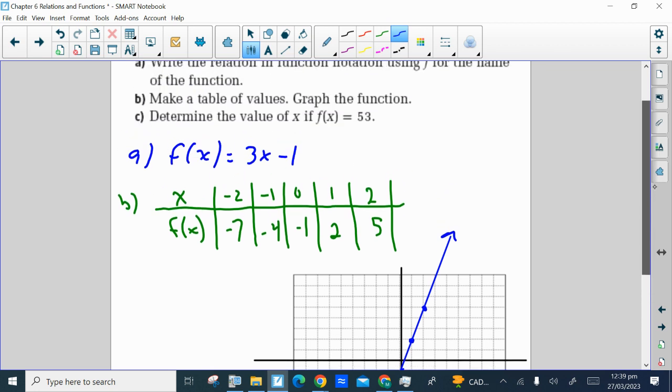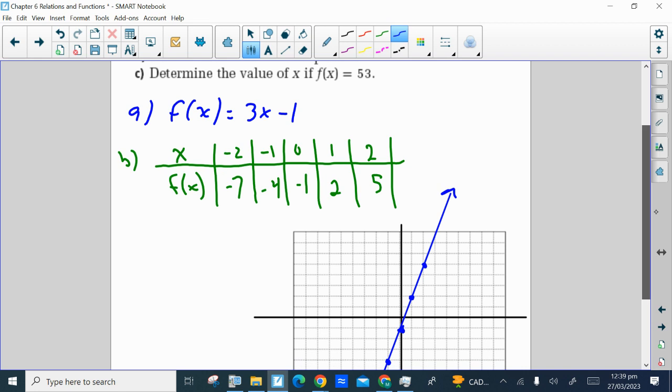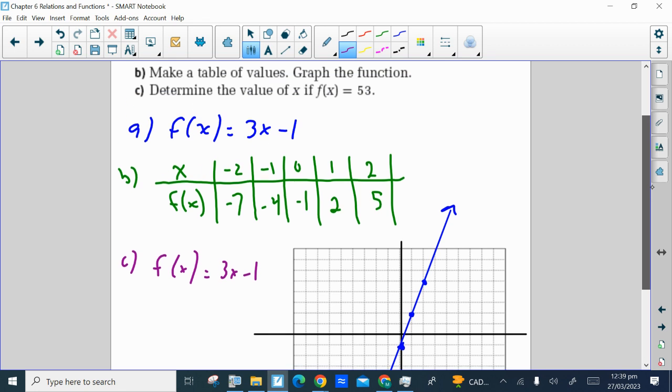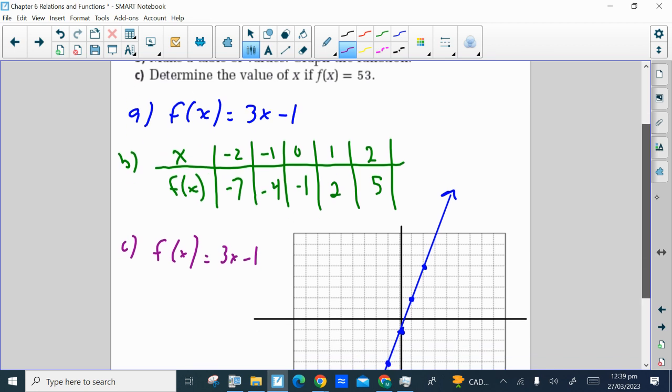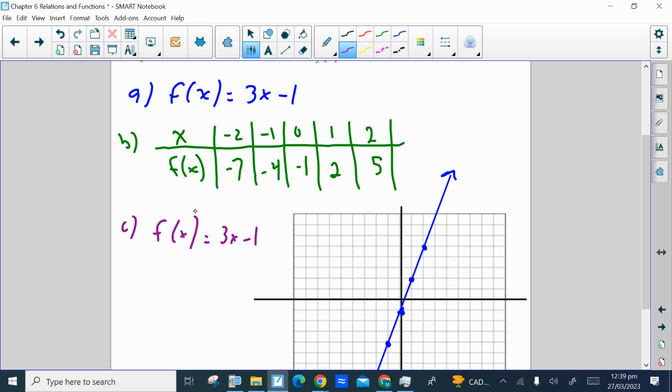Then in part C, it asks us to determine the value of x if f at x equals 53. So again, we have the equation in function notation, f at x equals 3x minus 1. So f at x is this entire expression to the left of the equal sign.